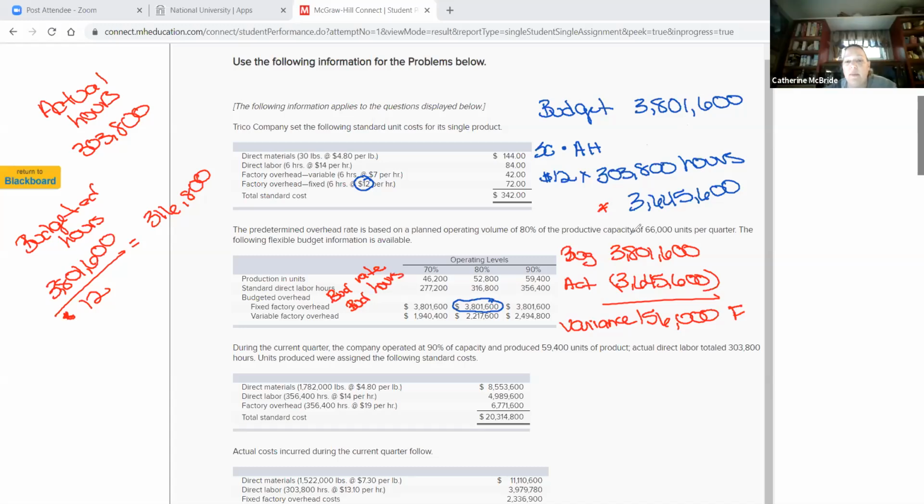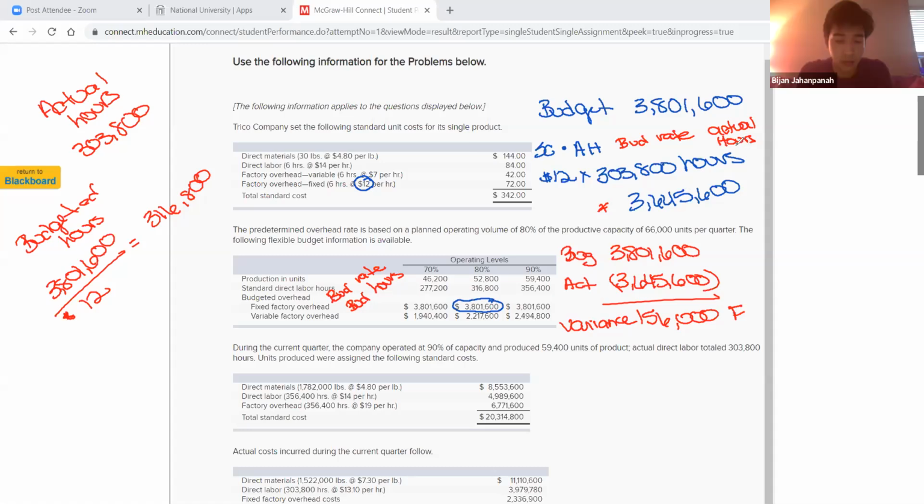In this one, you have the budgeted rate and the actual hours. So you're figuring out the dollar difference in the hours, the efficiency variance, not the rate, because you're keeping the rate the same. That makes sense. Thank you.